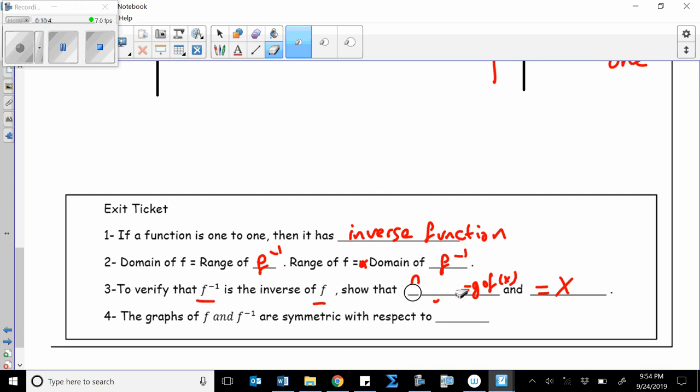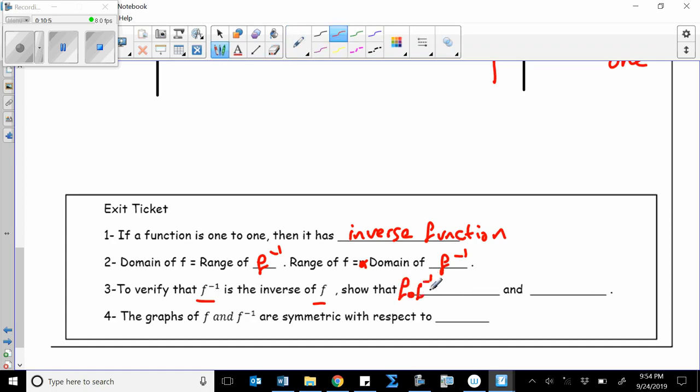I'm going to change it by f and f negative 1 instead of f and g. So f of f negative 1 of x is equal to f negative 1 of f of x, and they both equal to x. So if you prove this, that means f and f negative 1 are inverse of each other. The graphs of f and f negative 1 are symmetric with respect to y equal to x.